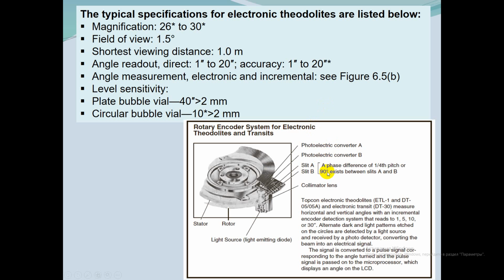Typical specifications for electronic theodolites are listed below. Field of view 1.5 degrees, magnification from 26 to 30, shortest viewing distance 1 meter, angle reduced, you already know, angle measurement, electronic and instrument incremental.